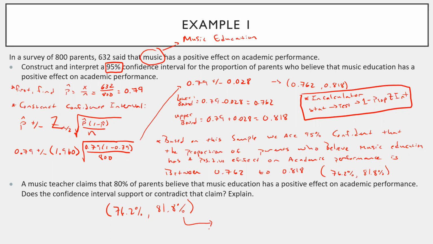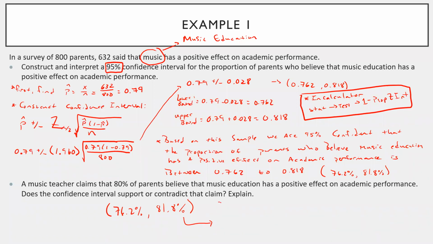So here's how you figure out if it supports or contradicts. Look, this confidence interval is saying it could be any value in between here. In between 76.2 to 81.8. Does 80% fall in that confidence interval? Does 80% fall between those 2 numbers? What do you think? Yeah, sure does.